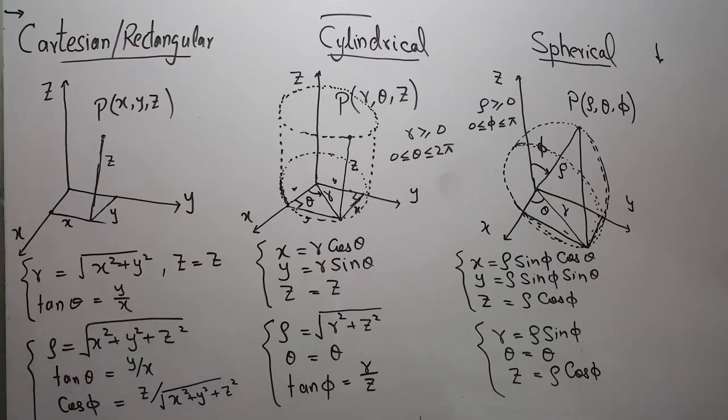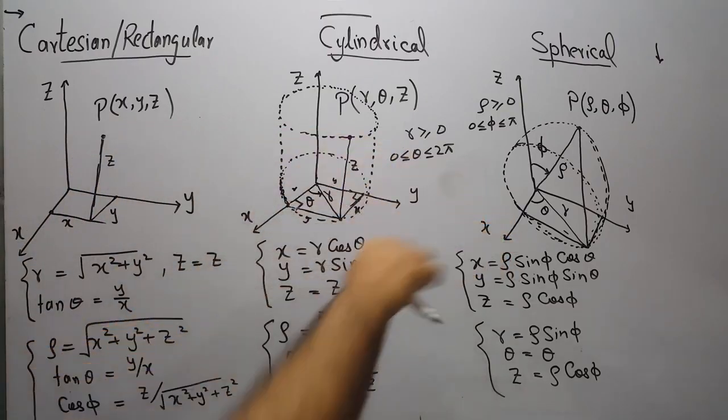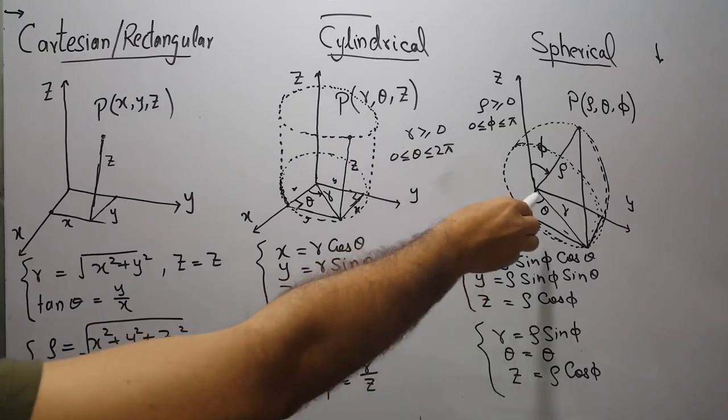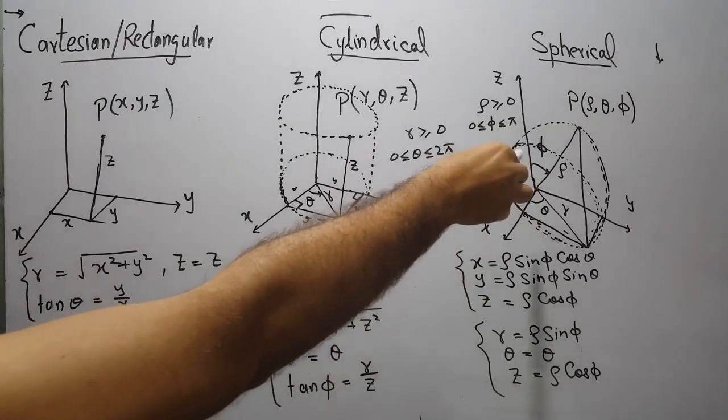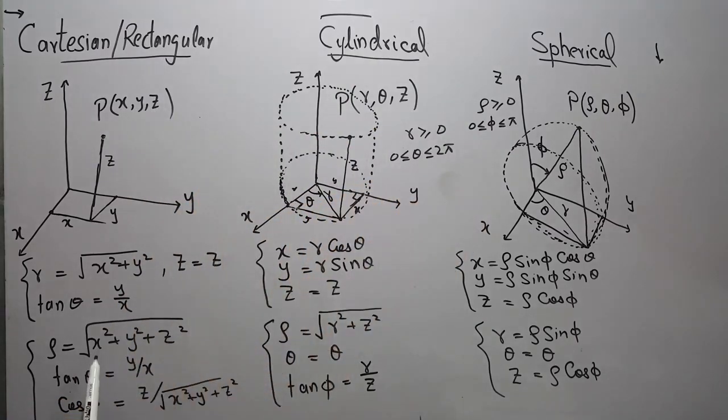Now, if you want to convert the x, y, and z rectangular coordinates into spherical coordinates, again rho is the distance from the point x, y, and z. So that is again the square root of x square plus y square plus z square, and tangent theta is exactly the same, y over x, and the only difference now is cos phi.